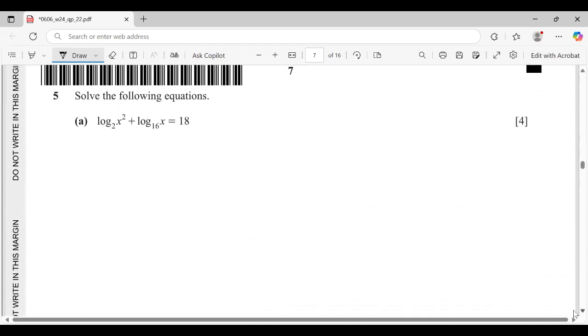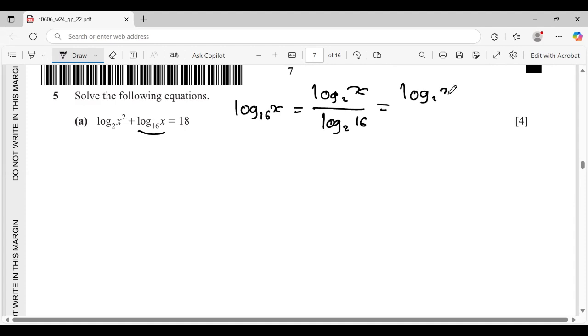Number 5. Solve the following equation: log base 2 of x squared plus log base 16 of x equals 18. So I will convert this one, log base 16 of x. It becomes log base 2 of x over log base 2 of 16, which is log base 2 of x over log base 2 of 2 to the power 4, or log base 2 of x over 4 log base 2 of 2, this is 1.